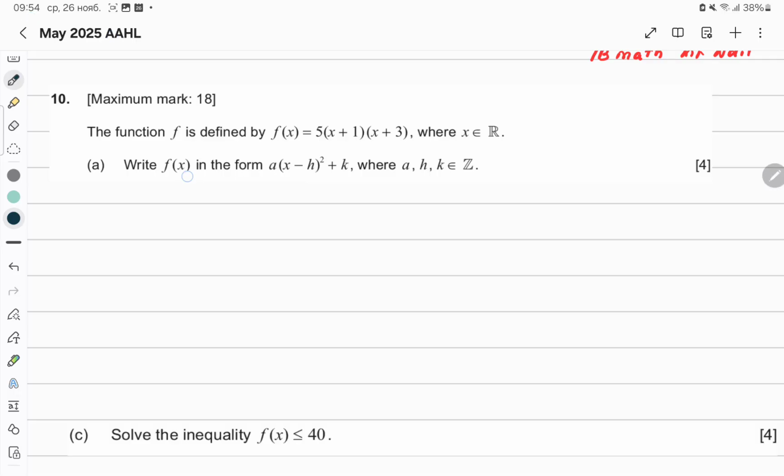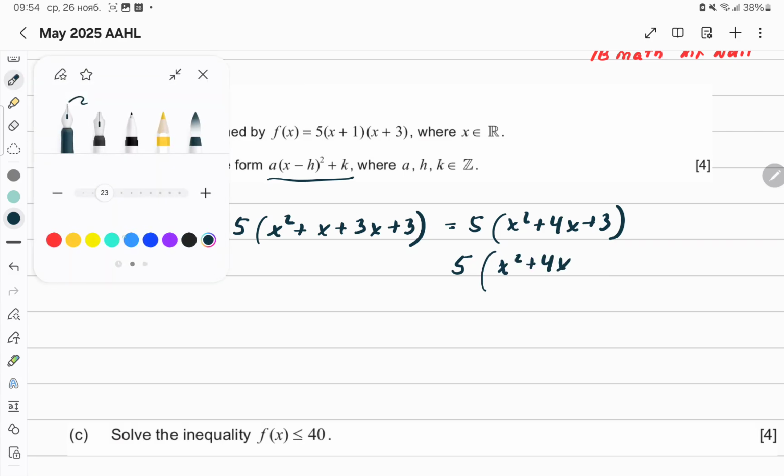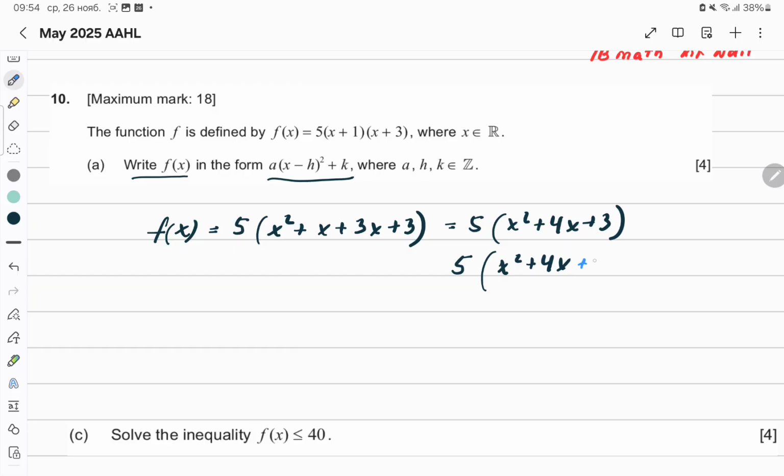It says to write f of x in this form. So it means that we have to open the brackets first. 5x squared plus x plus 15x plus 3, then it's going to be 5x squared plus 20x plus 3. Okay, now we are completing the square. We're taking the first two terms, and then let's add two numbers that we need, plus 4 and minus 4, plus 3.